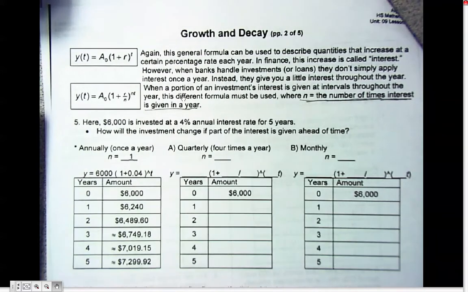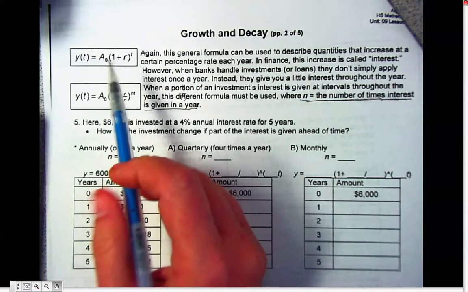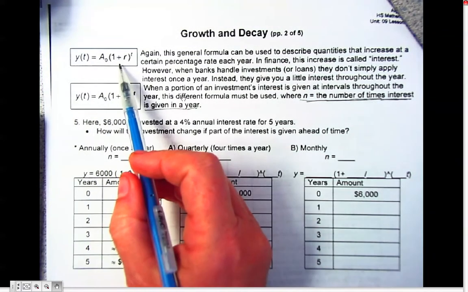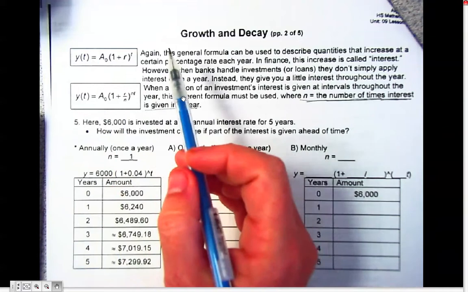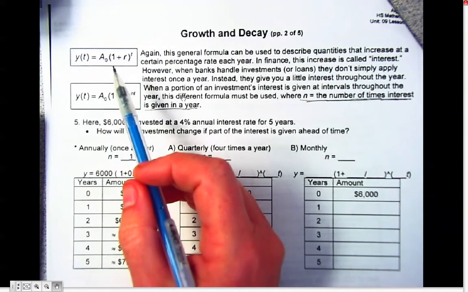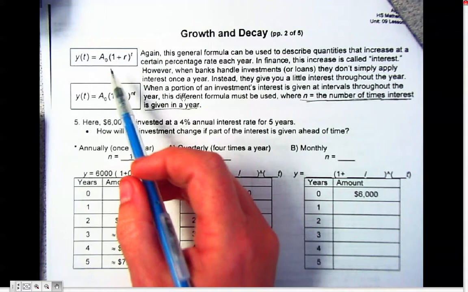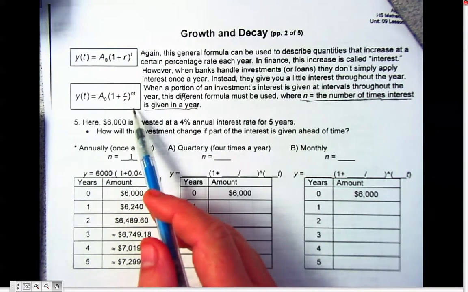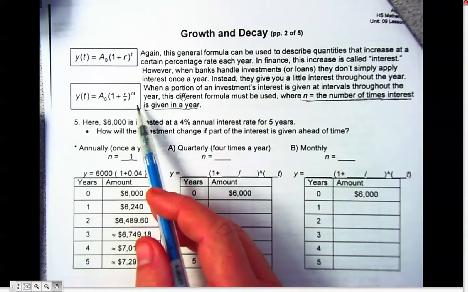Okay, so this equation that we were using, that's when they give you interest at the end of every year. You put money in the bank, they pay you a little bit of money for keeping it in their bank, and they give it to you at the end of every year. This formula is used when they give it to you during the year, not just at the end of the year. So we're going to see what that means.